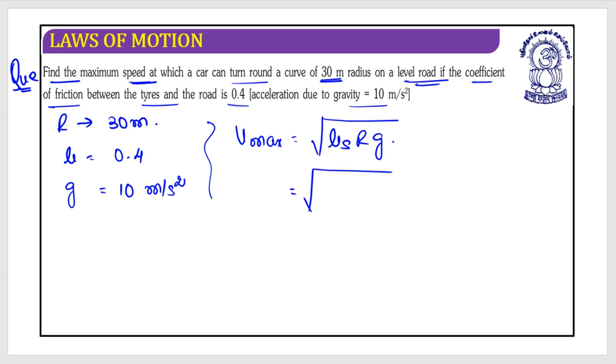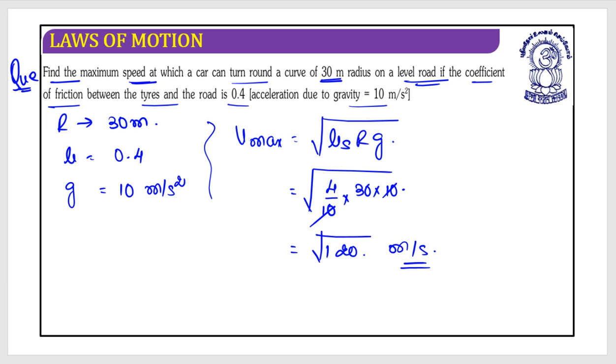Mu s is 0.4, that is 4 by 10, multiplied by radius 30, into g, which is 10. So this 10 is gone, and this is root of 120 meters per second. Yes, this is the maximum possible safe speed that can be used while driving on this level road.